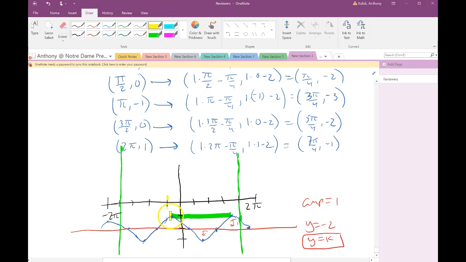So again, that's 1 pi over 4, and then 3 pi over 4 more. This was 7 pi over 4 here. I made a mistake. So pi over 4, 7 pi over 4 more. The period is 2 pi.